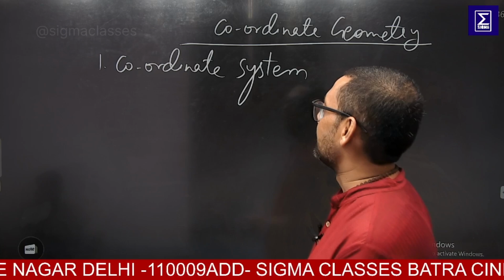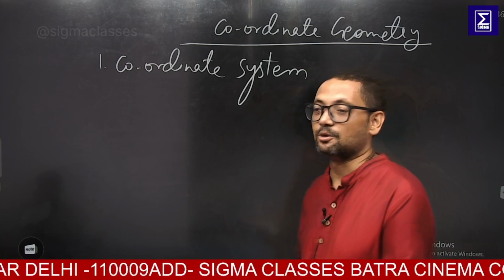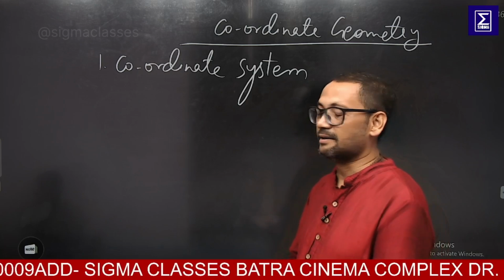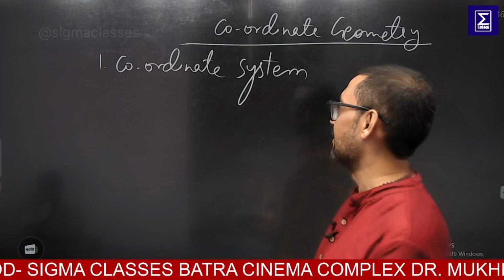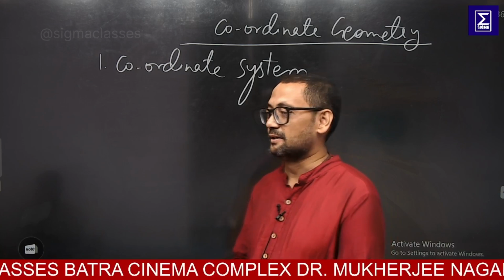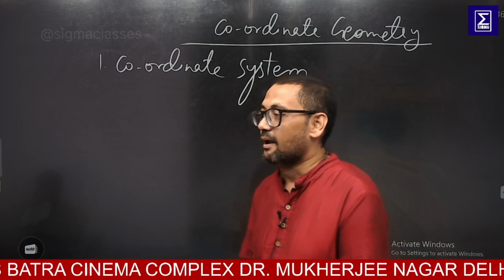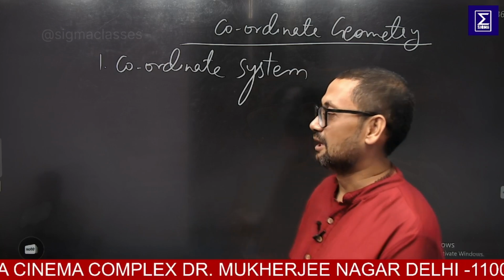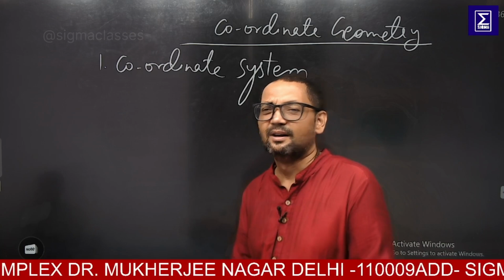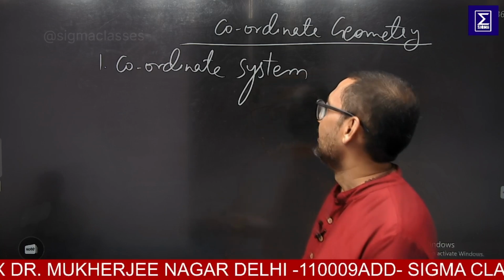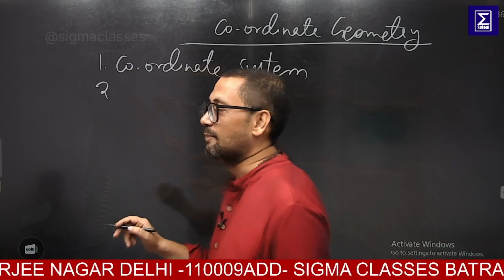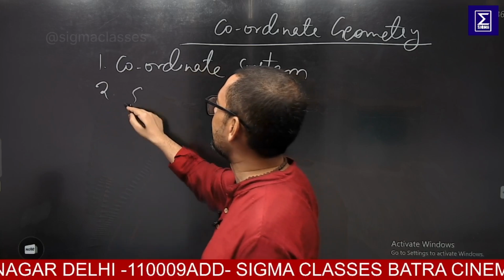And then after, we shall be talking about the basics of straight line and the coordinates of the triangles like centroid, circumcenter, incenter and orthocenter. And after that, we shall be dealing with a little bit of locus, and then we will move to the next chapter, that is straight line.